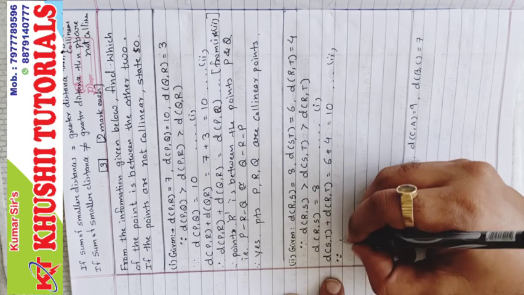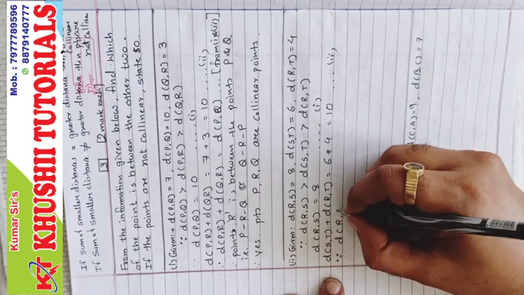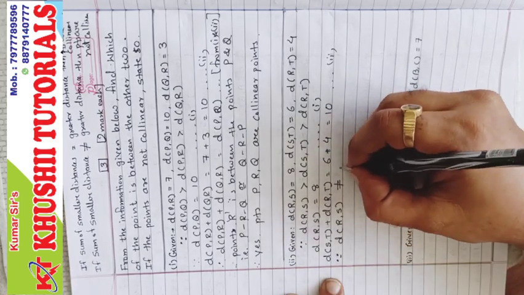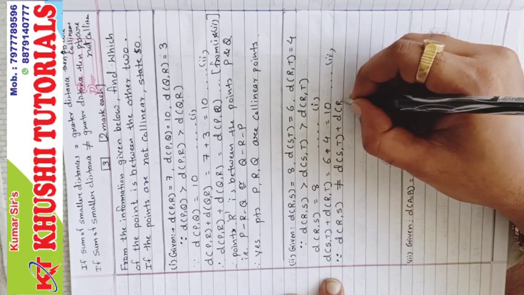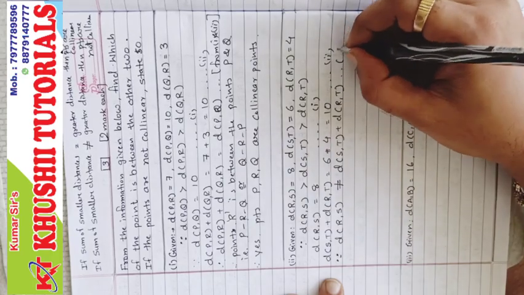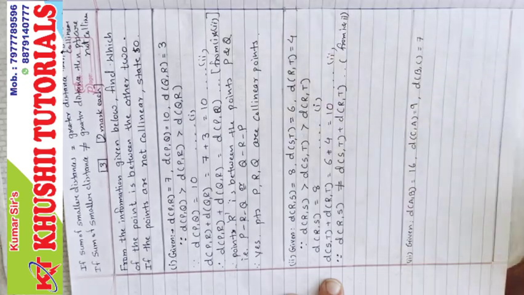Therefore, distance R comma S is not equal to distance S comma T plus distance R comma T. Reason? From 1 and 2.